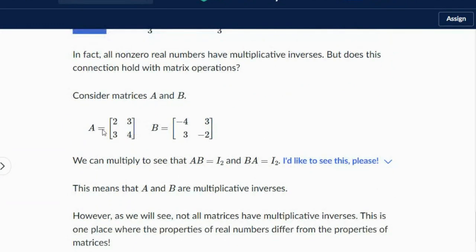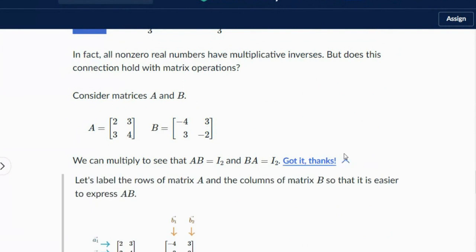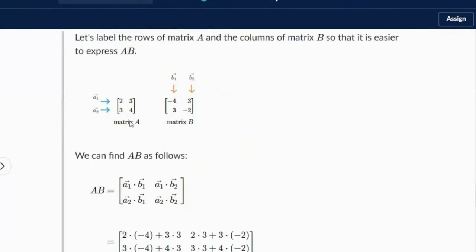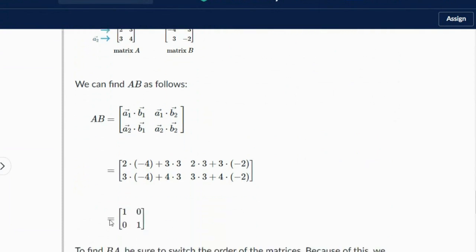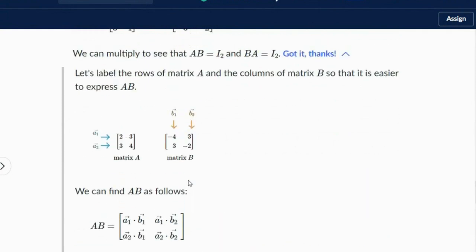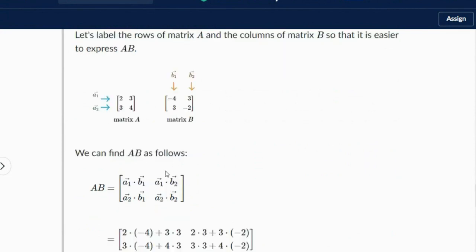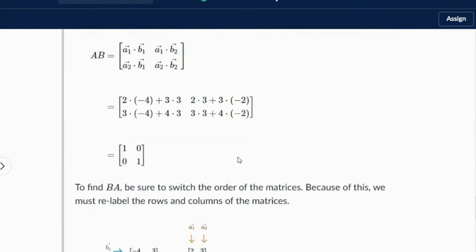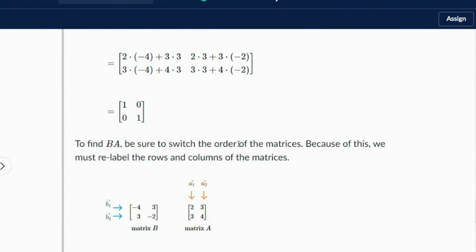You can multiply this A times this B and get the identity matrix. I'd like to see this. If we click on this, it'll show us the math. If you multiply 2 times -4 plus 3 times 3, it all comes down to 1, 0, 0, 1. It ends up the identity matrix. So you can have two matrices that multiply together to give you the identity matrix. They're called multiplicative inverses.